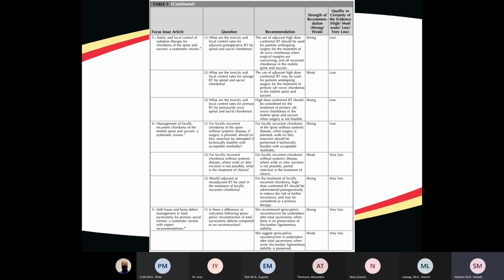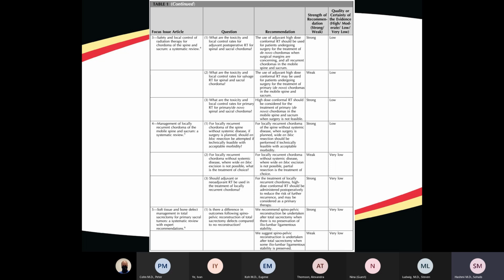When looking at safety and local control of radiation therapy for chordomas, there is a role for patients that are undergoing surgical management for chordomas and de novo chordomas. When surgical margins are concerning, they should have postoperative radiation. And there is a significant amount of toxicity for patients undergoing that type of radiation treatment.